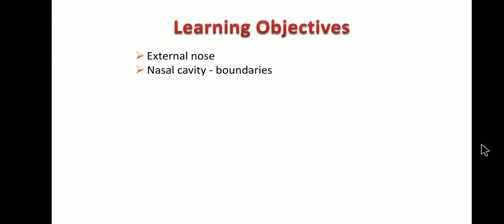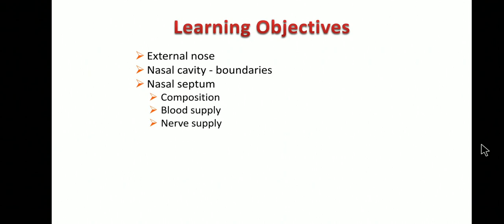In the various boundaries of the nasal cavity, our main topic today will be concentrating on the nasal septum. So the composition, what are the structures forming the nasal septum, what are the features of the nasal septum, followed by its blood supply and nerve supply.